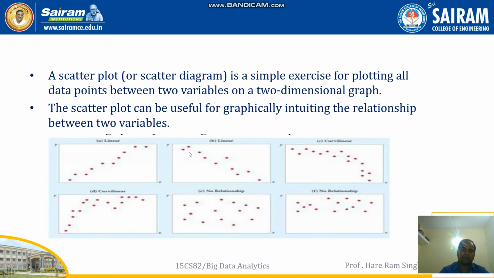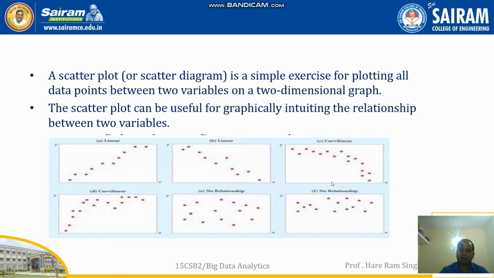In the second case, B, you can see it is linear, but in reverse order. If x is increasing, y is decreasing. When x is minimum, y is maximum. But in the first case, x is increasing and y is also increasing, so x and y are directly proportional. Here it is inversely proportional.